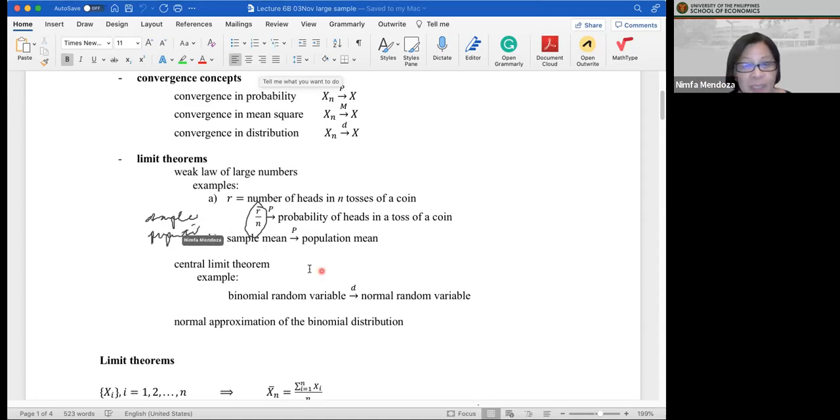The proportion of the tosses that turn up heads. And from the weak law of large numbers, it turns out that this sample proportion converges in probability to the probability of heads in a toss of a coin. That is, when n is sufficiently large, the sample proportion approaches the true probability of heads in a toss of a coin.